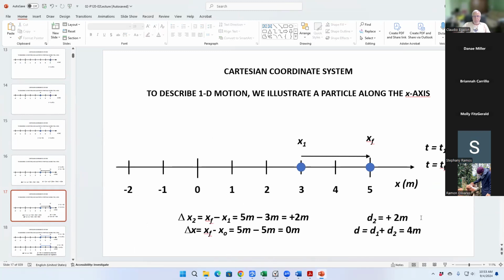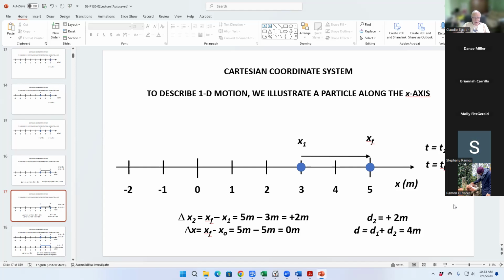Yep. Okay, so we make these definitions. In the case of your car, the odometer never displays the position or the displacement of your car. It displays only the distance traveled by the car, whether it's one-dimensional, two-dimensional, or three-dimensional motion.